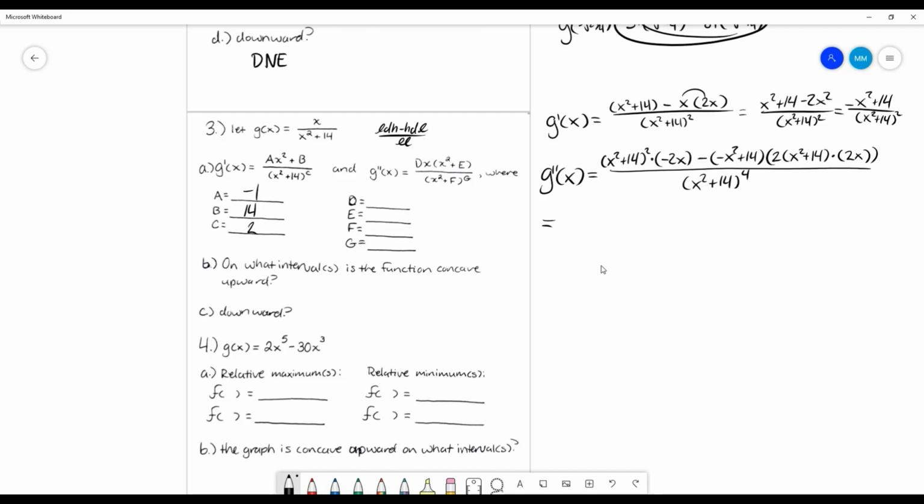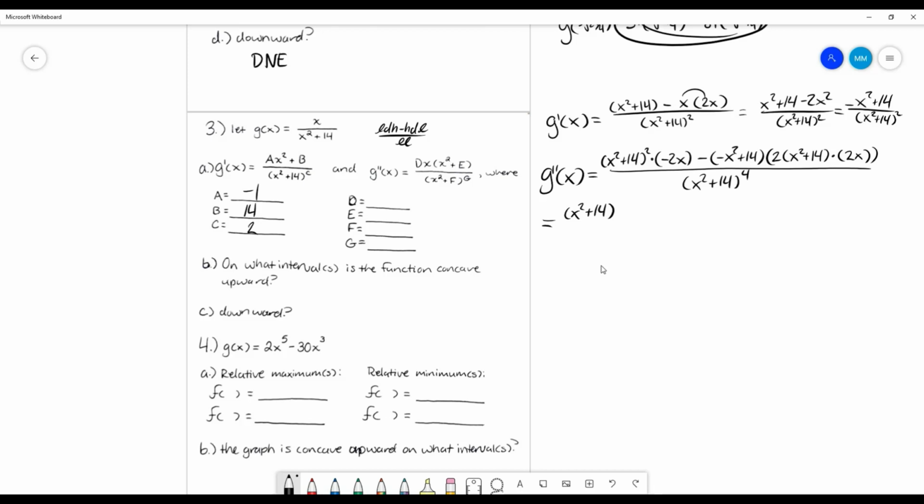Now, of course, there's a lot happening here. Again, I'm not going to distribute this out. I am going to combine that 2 and that 2x to be a 4x. But I see that I've got this term in both of them. So I'm going to factor that out, actually.